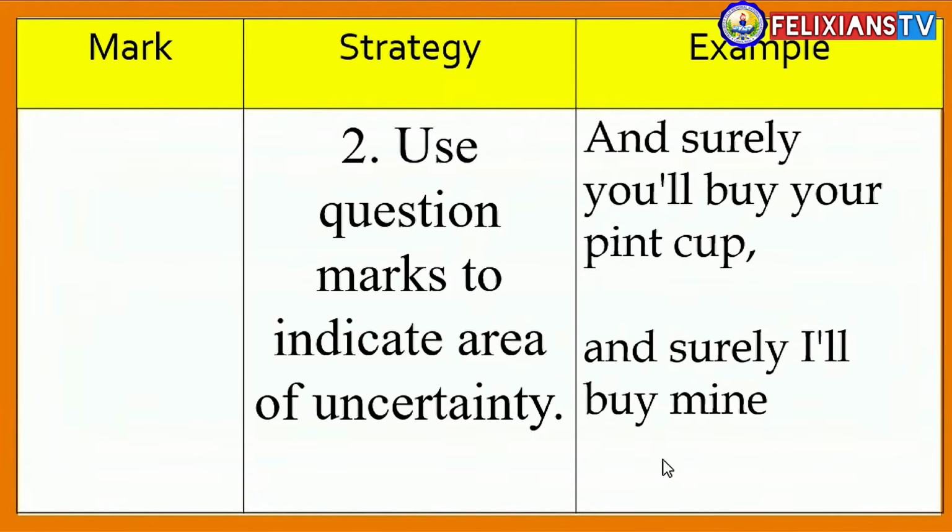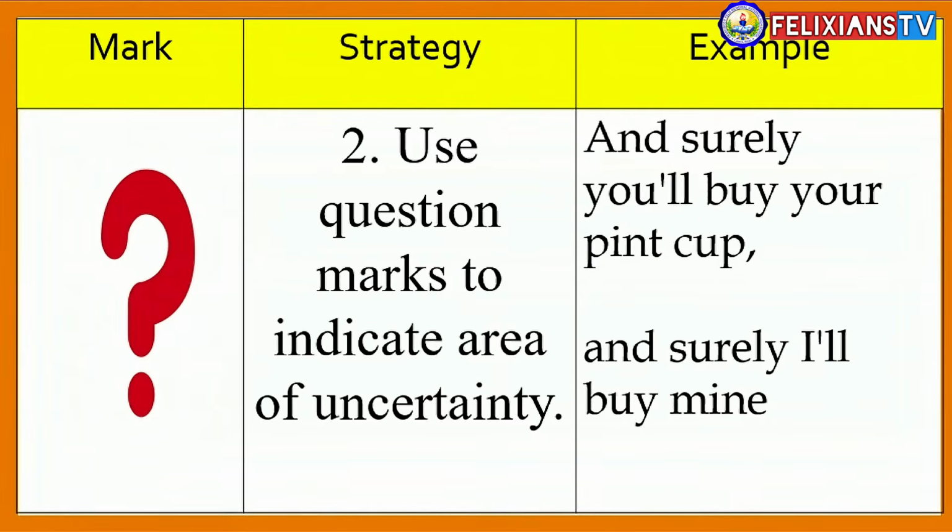Let's move on to number 2. The common mark is question mark. How do we use it? Use question marks to indicate areas of uncertainty. For example, and surely you'll buy your pink cup, and surely I'll buy mine.